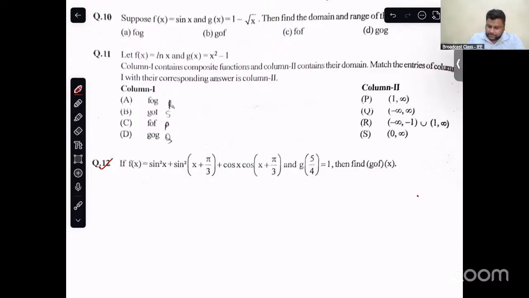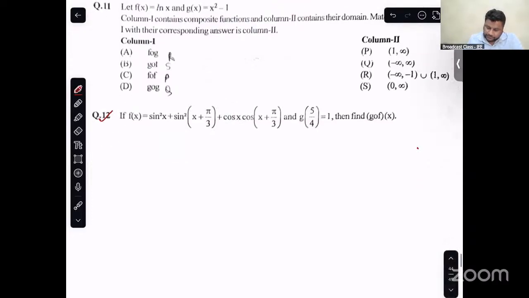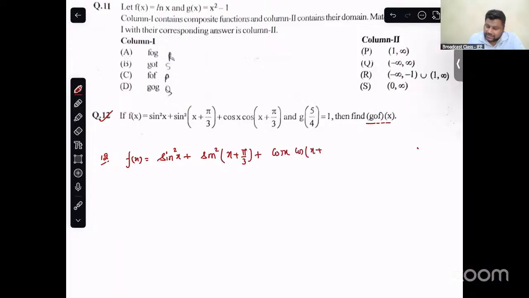See, 12th. We have to find g of f(x). So first of all, let's do one thing. Let us simplify f(x) up to some extent. f(x) is sine square (x plus pi by 3) plus cos (x plus pi by 3).